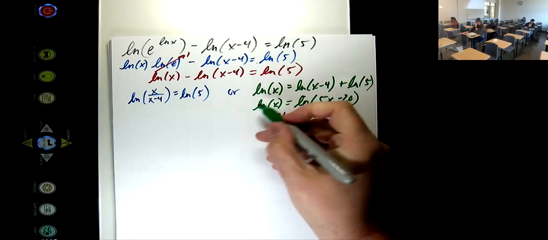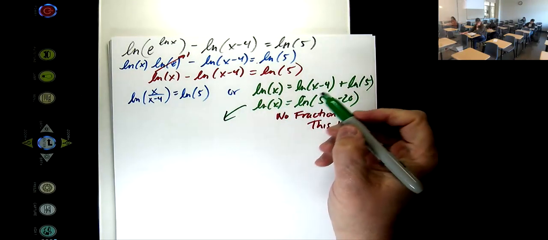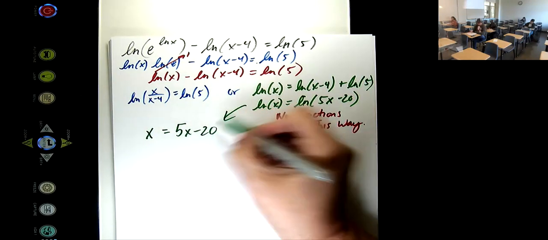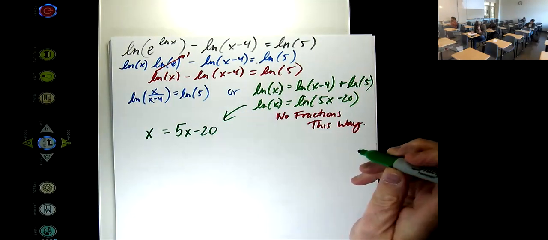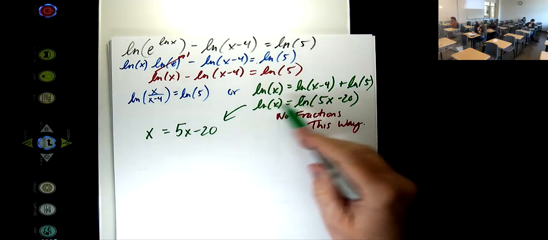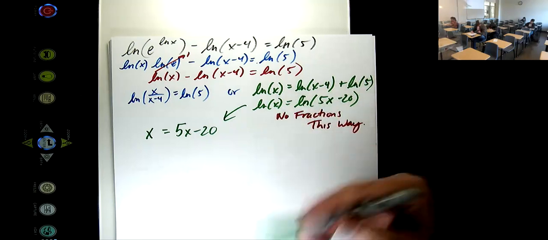All right, so we can raise both sides to the e power, and we get x equals 5x minus 20. The other way is recognizing that these are both natural logs, and for them to be equal, the insides have to be equal.